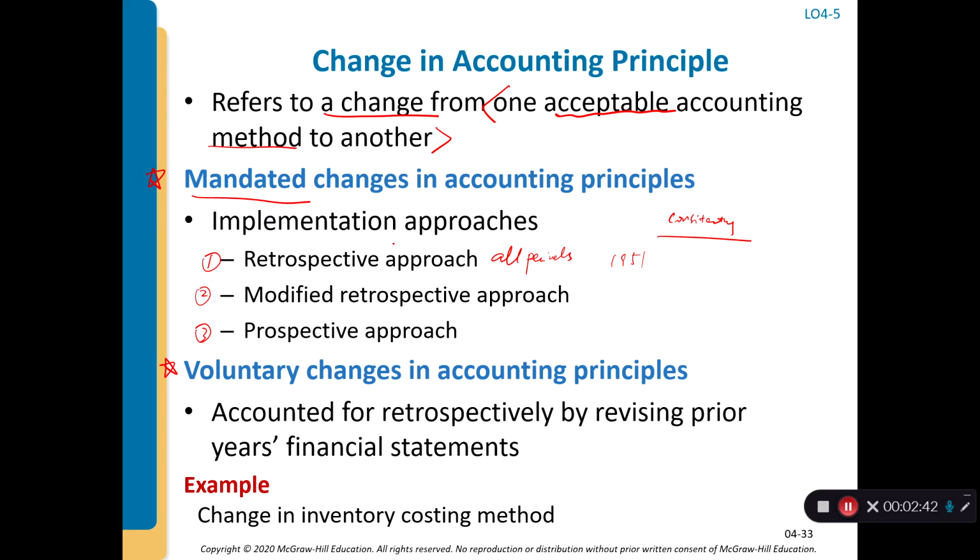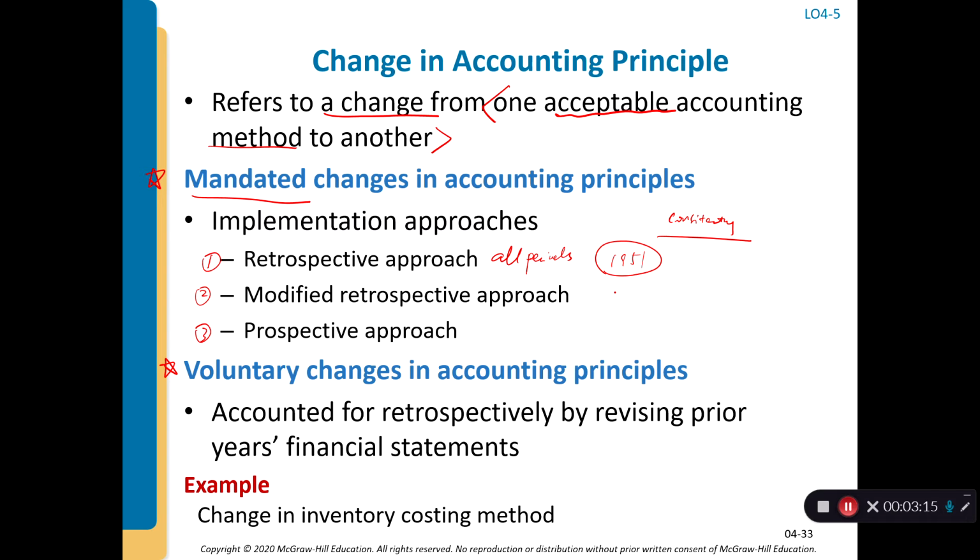Because of the implementation of this new accounting standard or principle, you have to restate everything since 1951, as if the new method had been used since 1951. The company needs to revise the balances of each affected amount to make those statements appear as if the newly adopted accounting method had been applied all along.